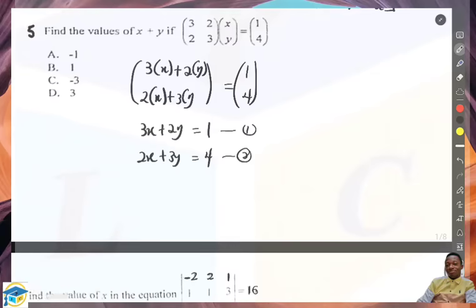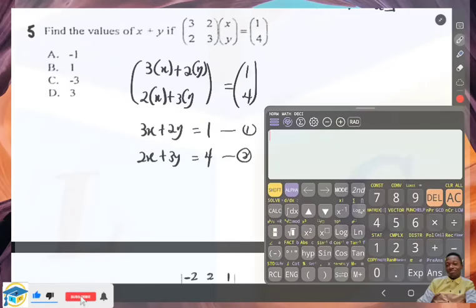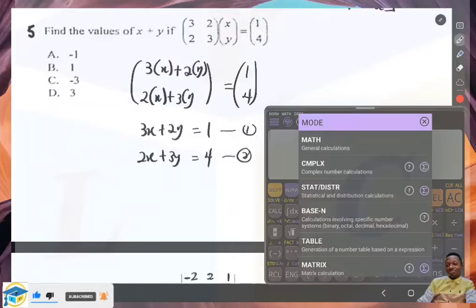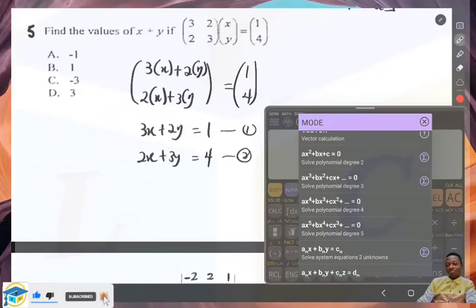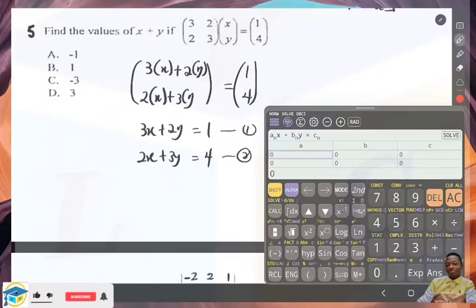So this is how we go about using a calculator. On your calculator, you just locate mode. In my case, it's going to be a different section altogether. But for your case, you locate mode on your calculator, you go to 5, and you select an equation of this form: ax plus by is equal to c.